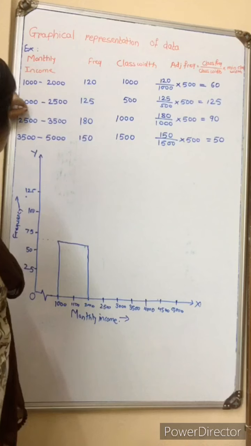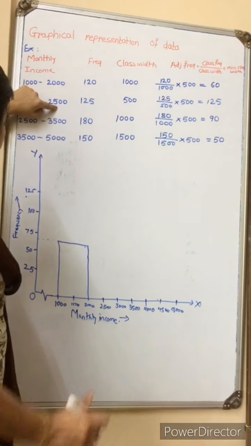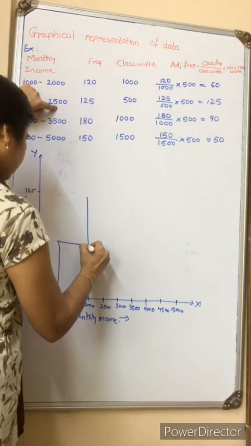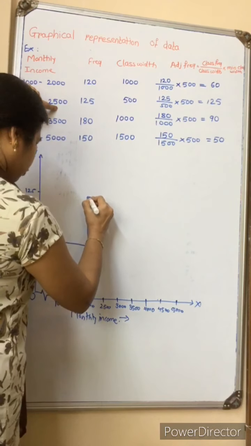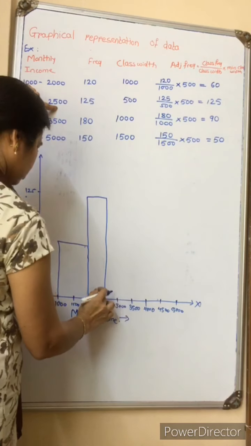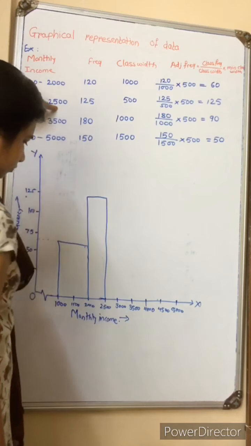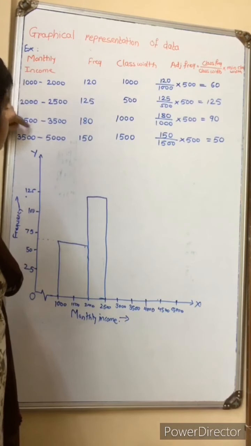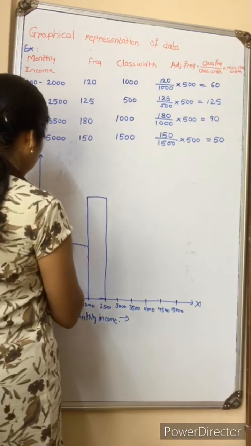Next class is from 2000 to 2500, that is 125. So go for 125 and make a bar up to 2500, then 2500 to 3000, it is 90, near to 100.